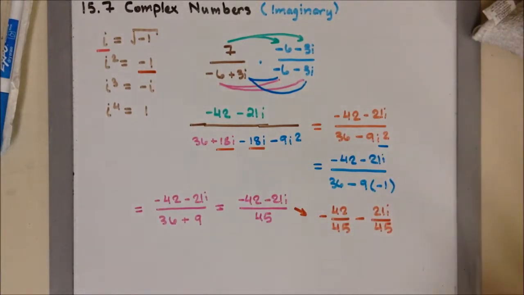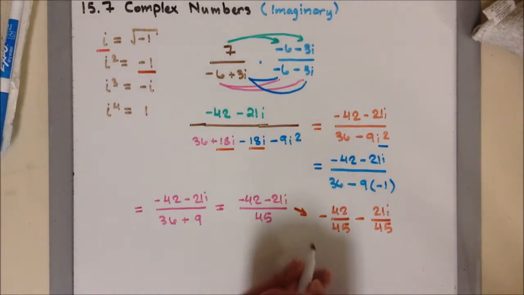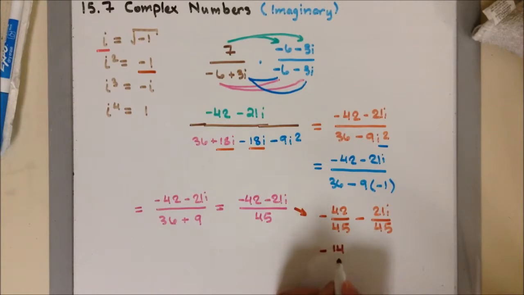Now here we can still simplify both fractions. For negative 42 over 45, we can simplify by a factor of 3. So 42 divided by 3 is 14, so negative 14 over, and then 45 divided by 3 is 15. So that's our first fraction.